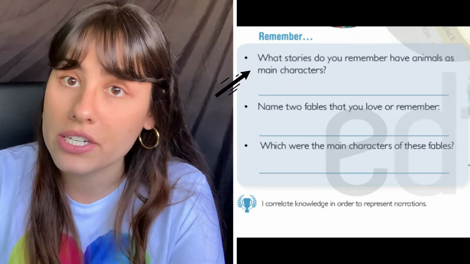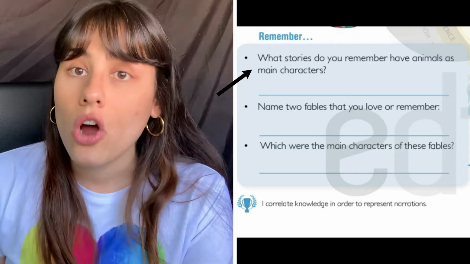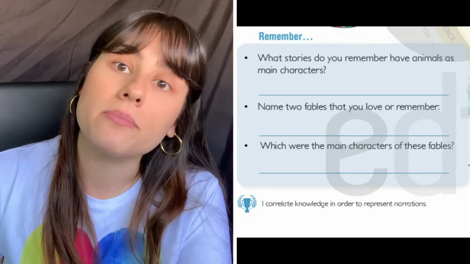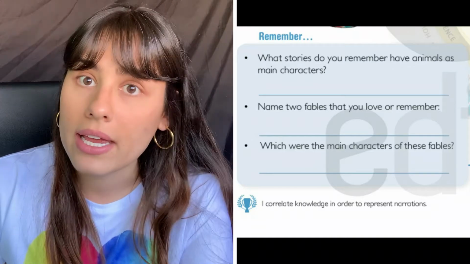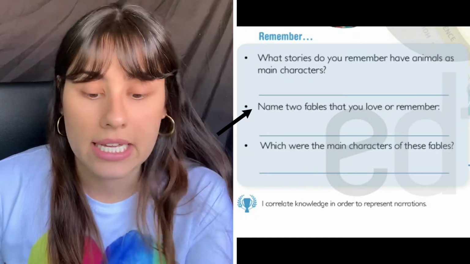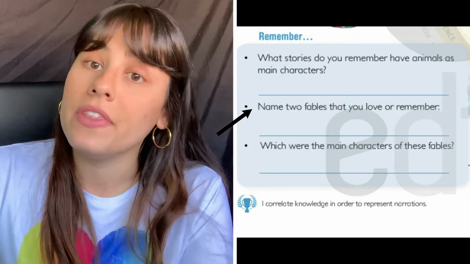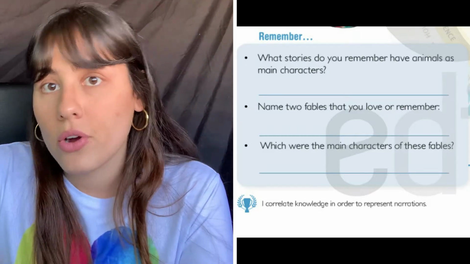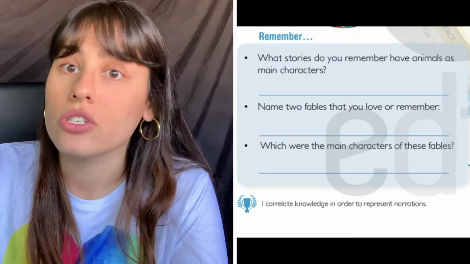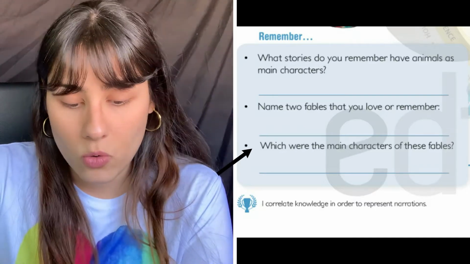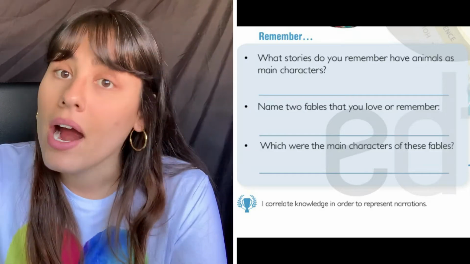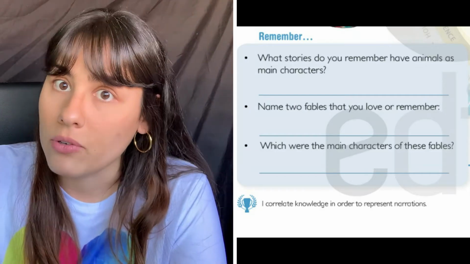The first question says, what stories do you remember have animals as main characters? Okay, answer the question. The next question says, name 2 fables that you love or that you remember. Just 2, okay? And the last question says, which were the main characters of these fables?